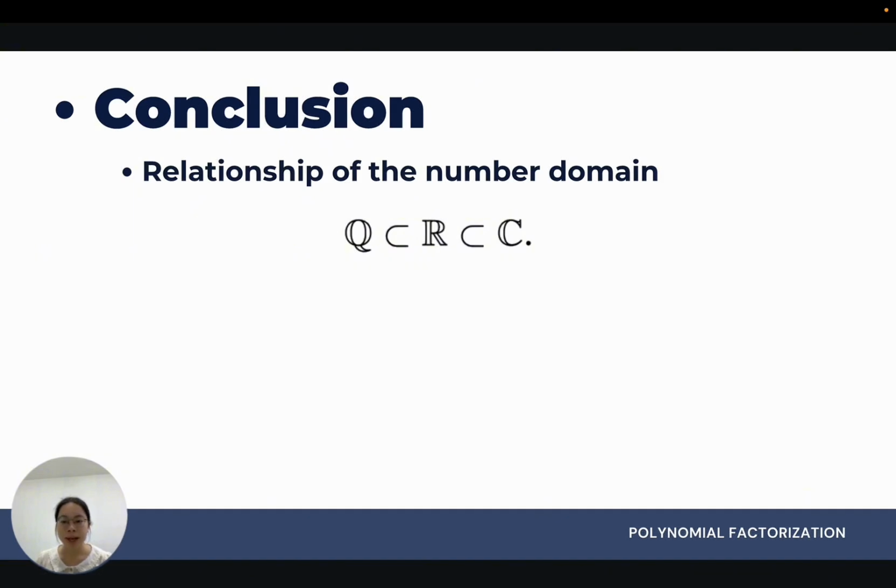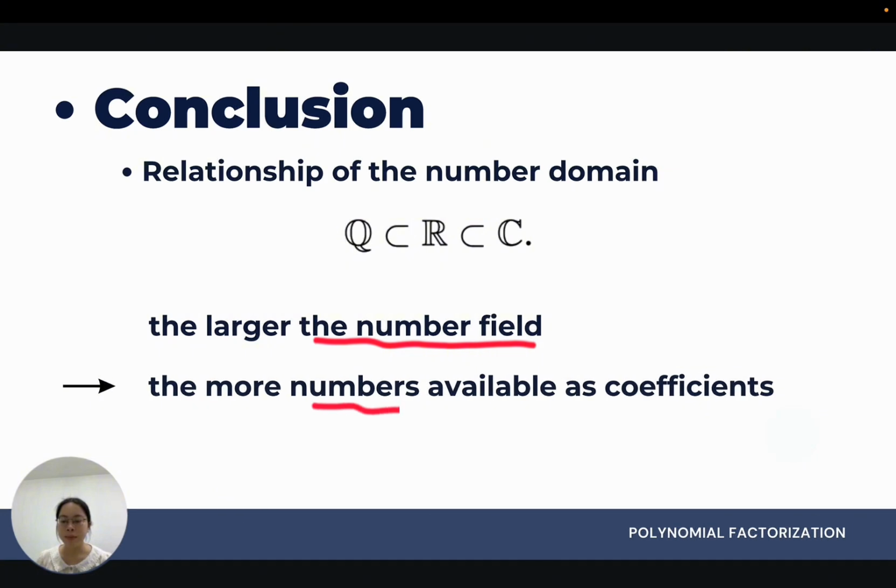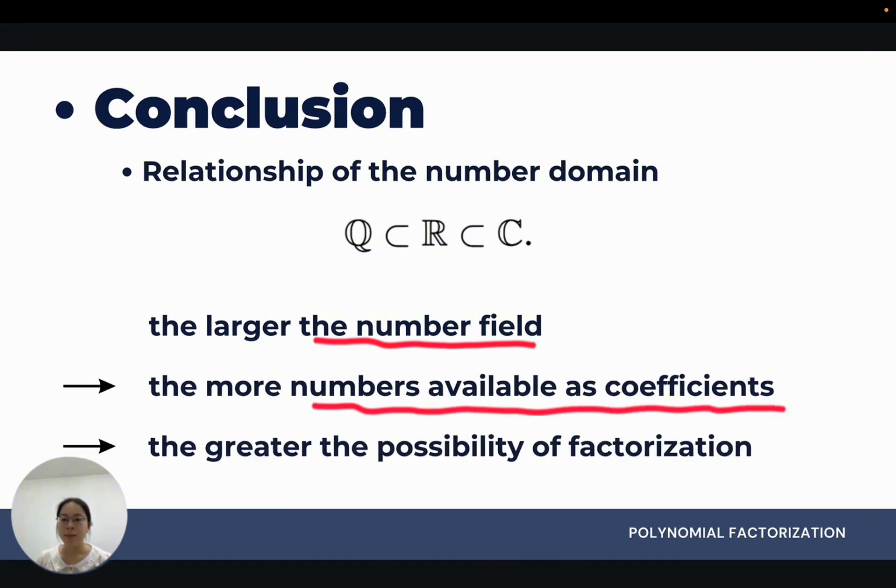Q is a subset of R, which is a subset of C. This means that as the number field becomes larger, we have more numbers to use as coefficients, and thus the possibilities of factorization increase. That's exactly why the factorization becomes more and more complete when we move from Q to R to C.